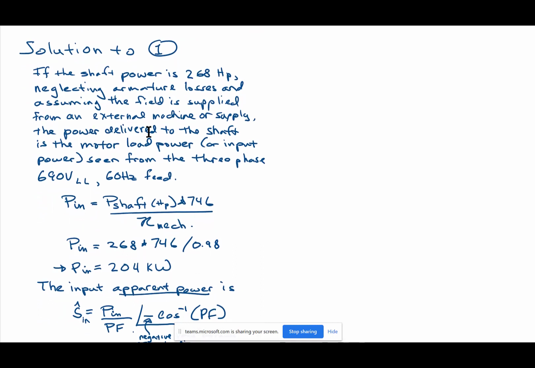Okay, so we have a shaft power of 268 horsepower.